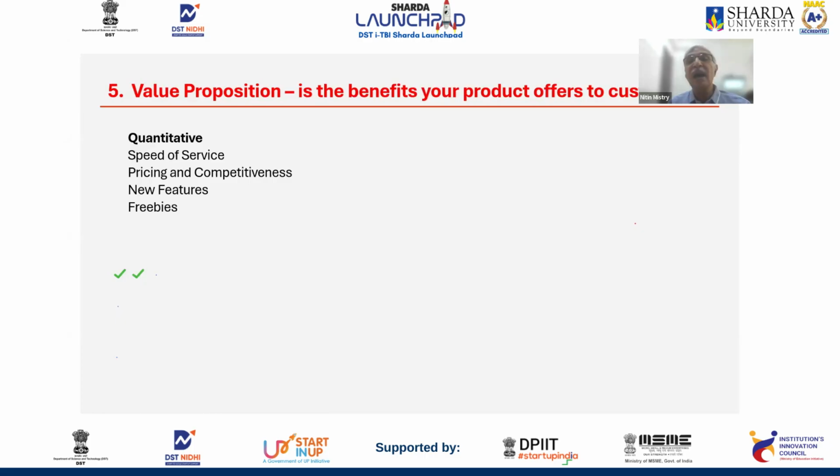New features, that means the kind of feature you offer is still not available with any other similar product. So that is another value proposition. Or you offer along with the product a lot of freebies, maybe some software, which is again a benefit to the customer. So those are the quantitative measures of the value proposition.